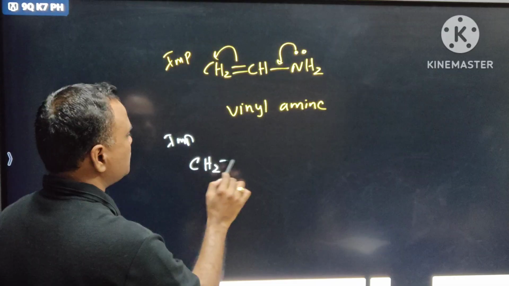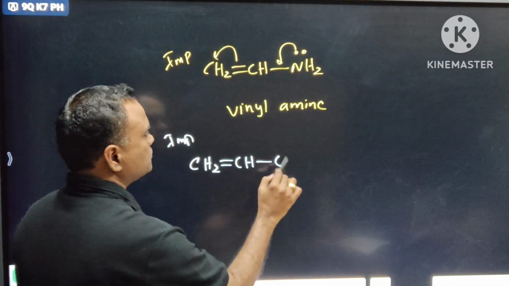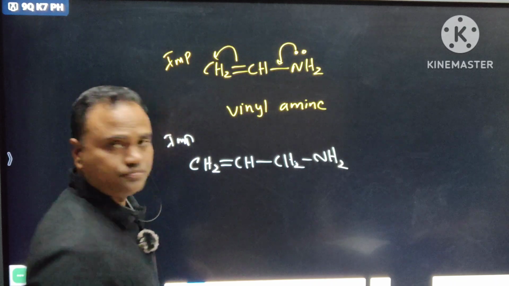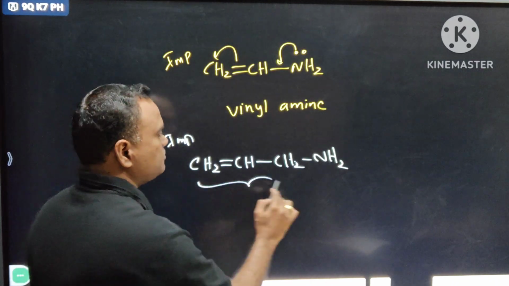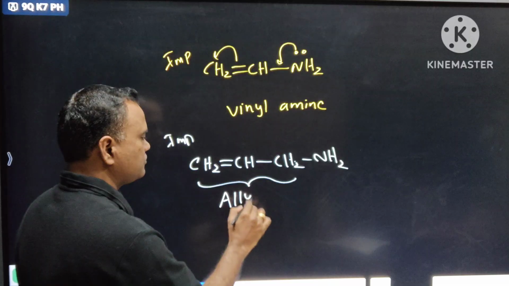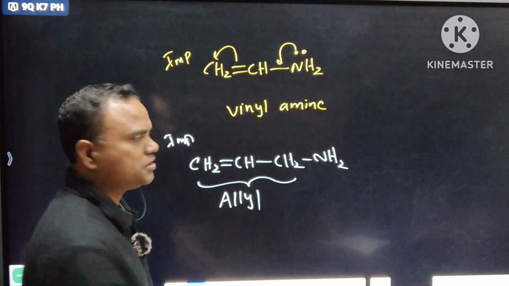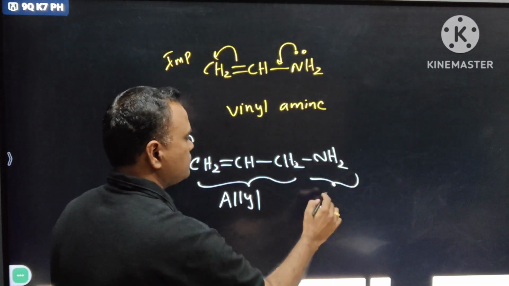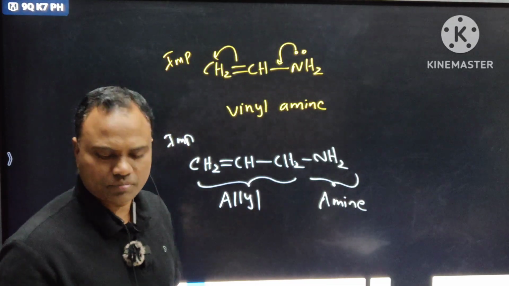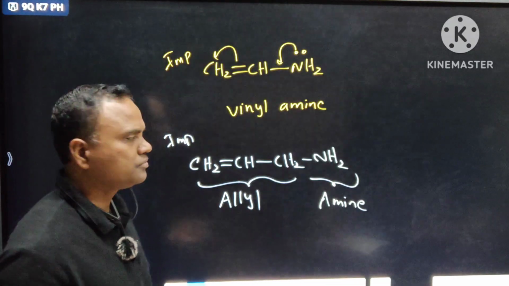Next, another important one. What is the name of this group? Allyl. This is amine, so the complete name is allyl amine.